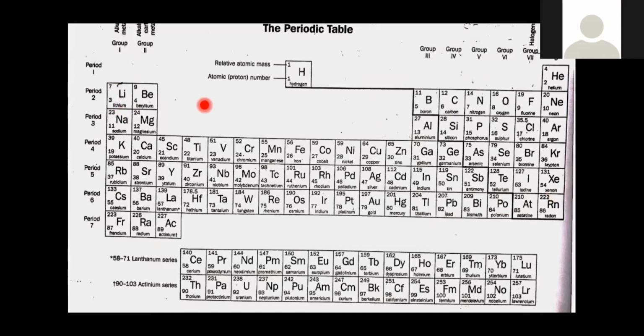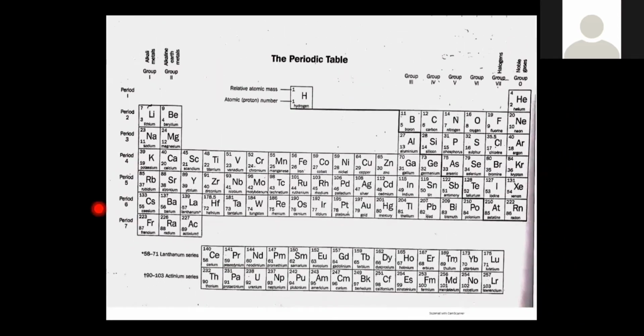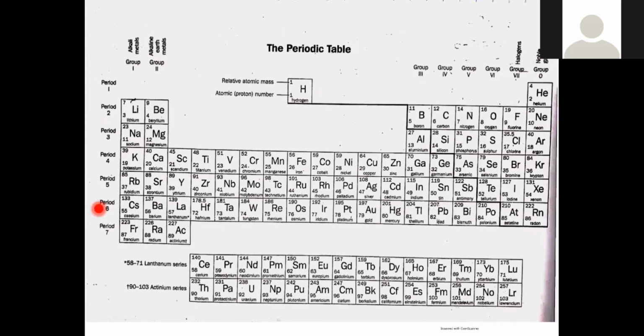If you're going across the periodic table, you find these horizontal rows. These are what we call our periods. So we have period 1, period 2, 3, 4, 5, 6, 7. Depending on where your element falls in, there are different characteristics for the elements present.